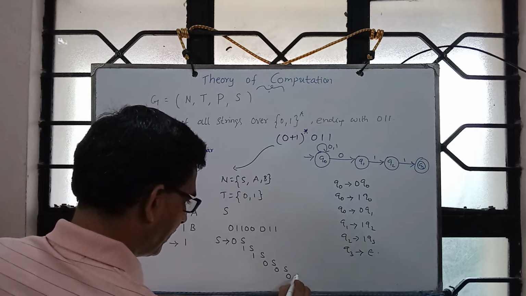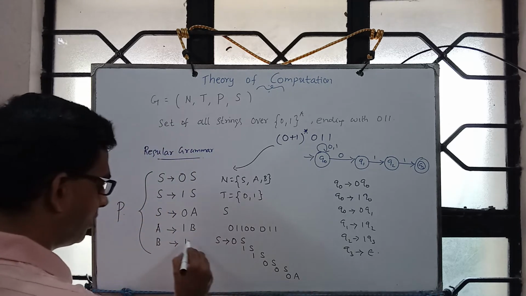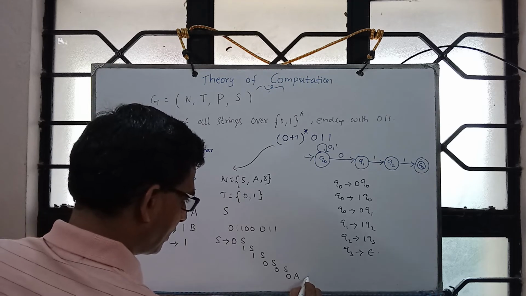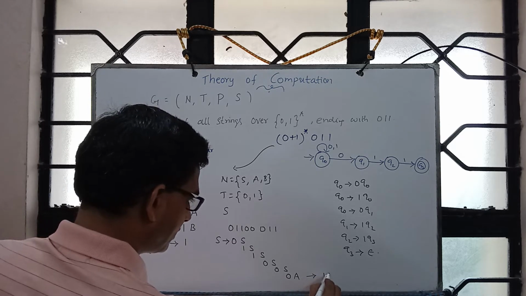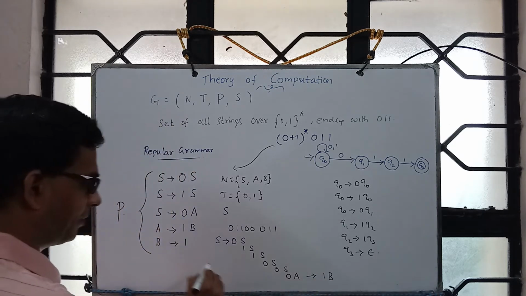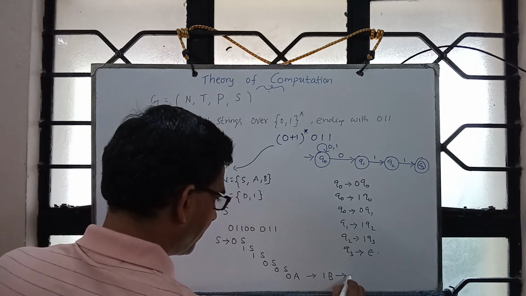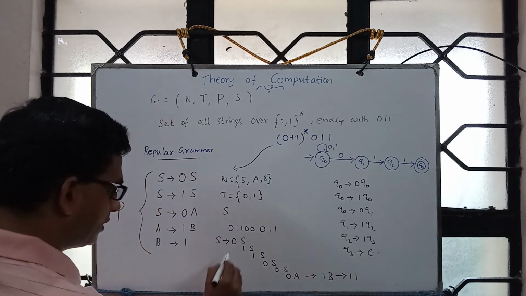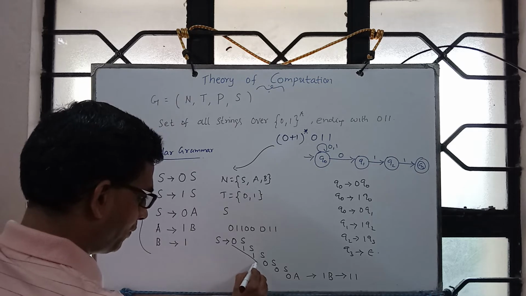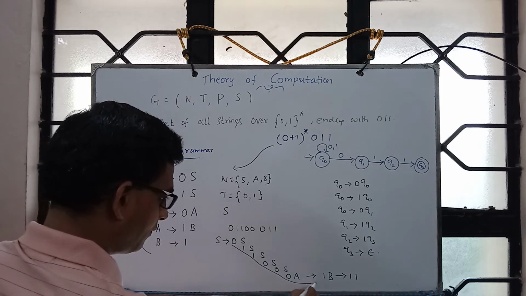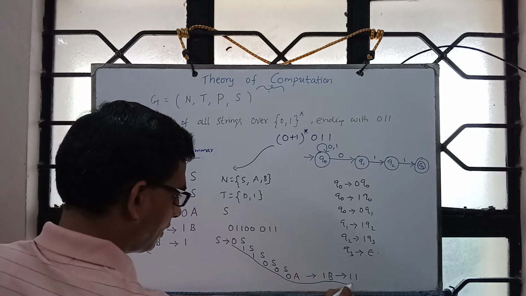So from this I'll get 0 A, and A is replaced by 1 B, and then finally it becomes this. So you get 0 1 1 0 0 followed by 1 1.